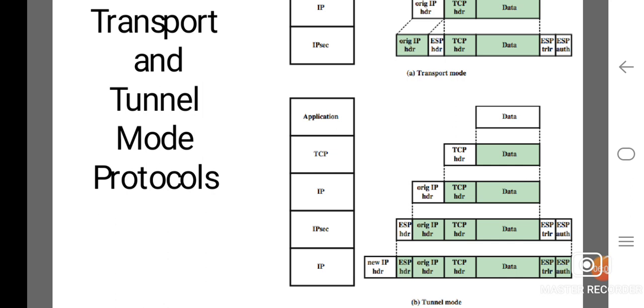For the third IP: original IP header, TCP header, data. For TCP: header, data. For application: data. So this diagram represents the different layers that form the transport mode and tunnel mode protocols.